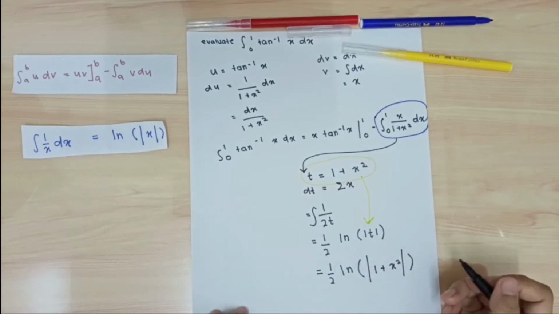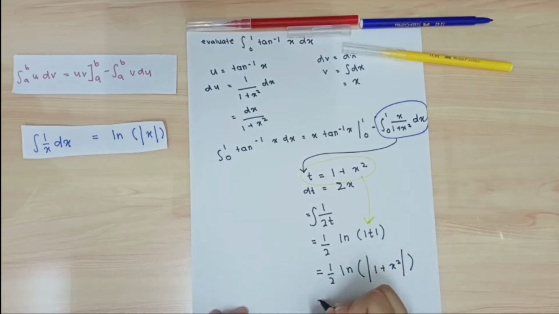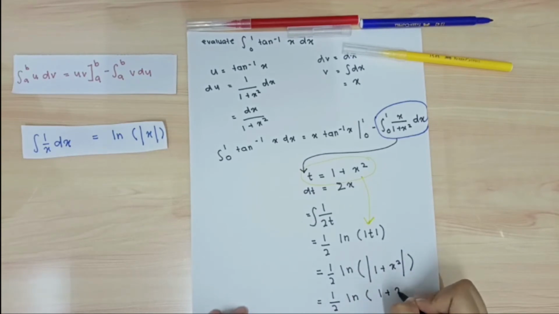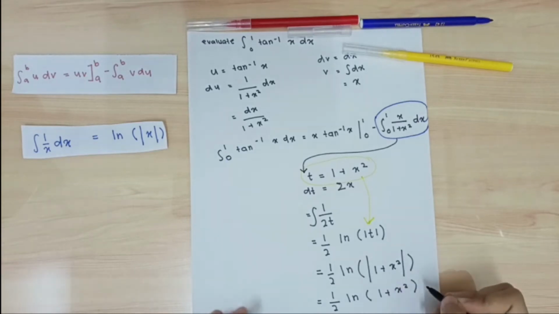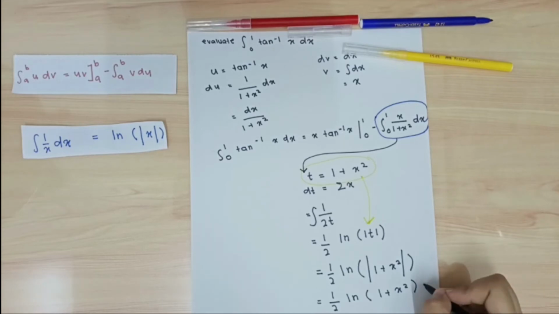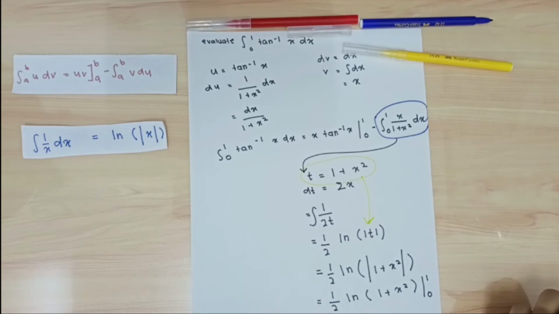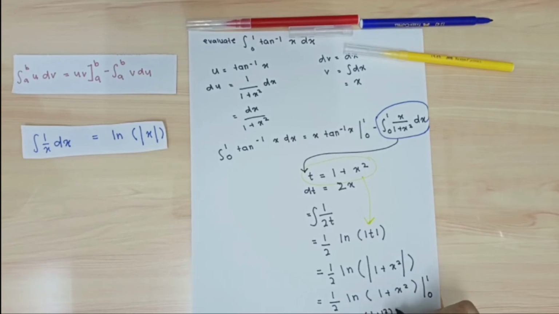When the expression in absolute value bars is positive, remove the bars. To evaluate the definite integral, return the limits of integration. One over 2 ln of 1 plus x squared from 0 to 1.